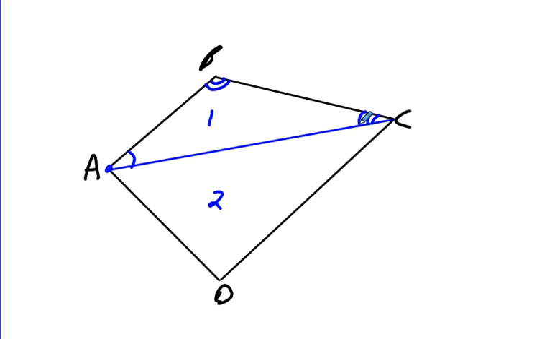So essentially I have two triangles times 180 degrees for each triangle. That means that every quadrilateral's sum of the interior angles is 360 degrees, no matter the size or shape. We use that in different types of problems that we'll look at.